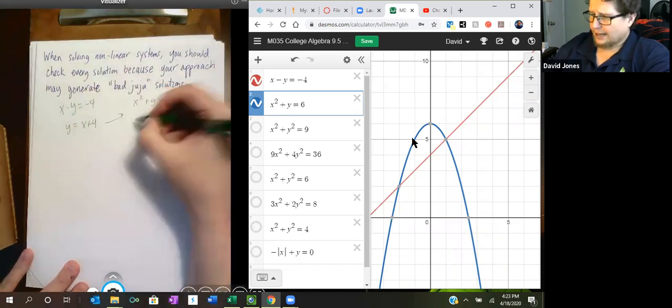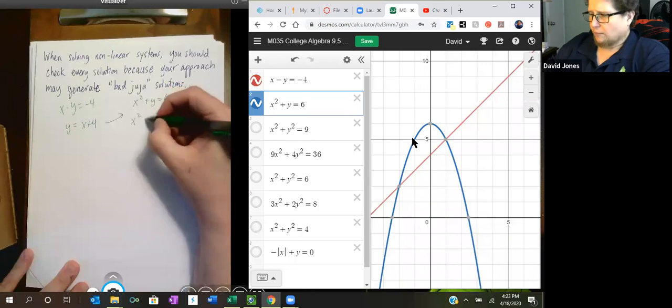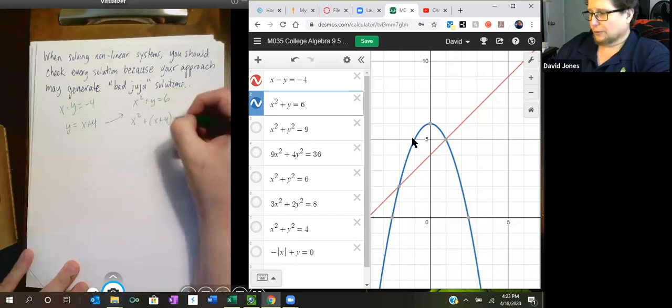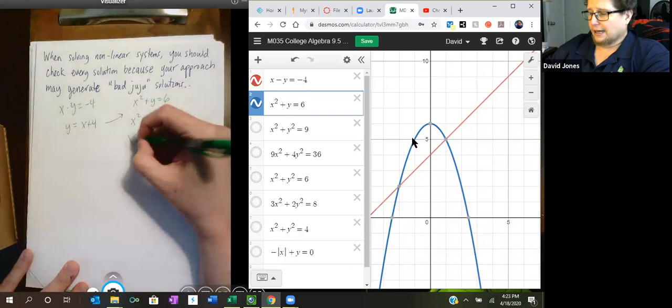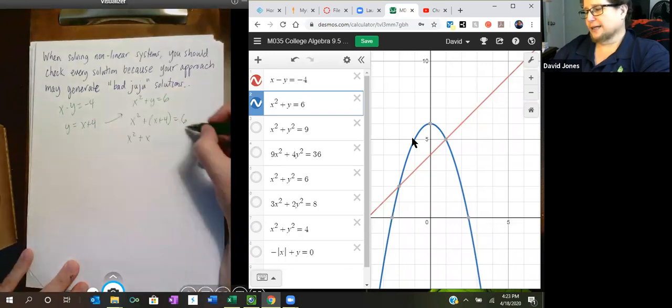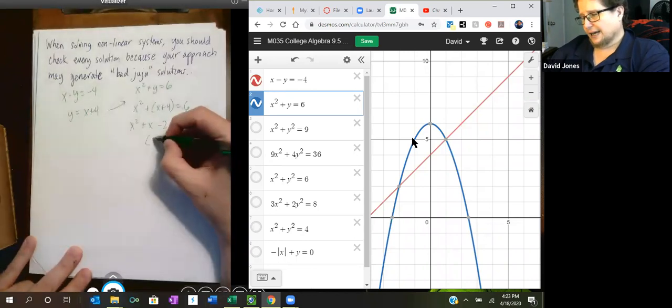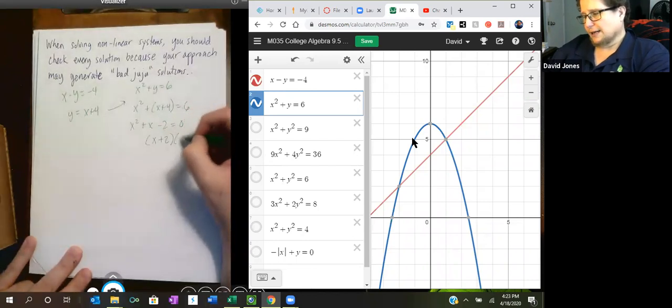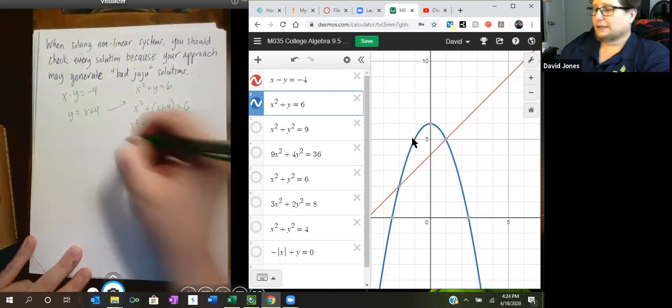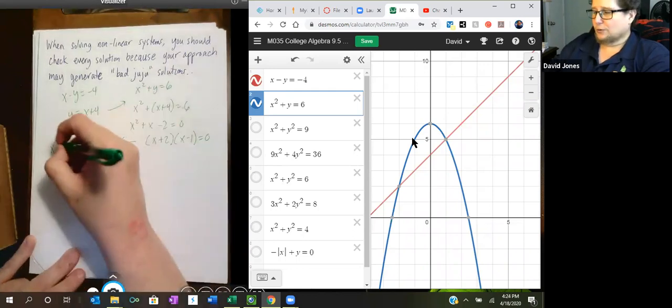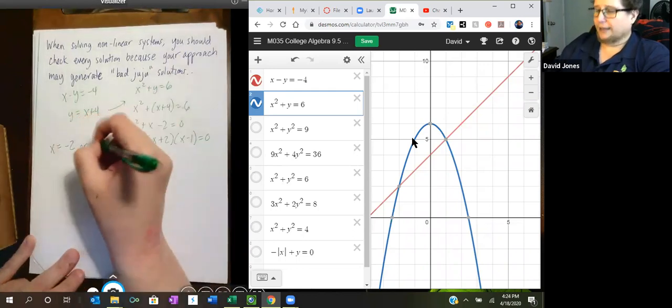And I plug it in, I get x squared plus x plus 4 equals 6. x squared plus x, I'll subtract the 6 over, I get minus 2. And x plus 2, x minus 1 equals 0, which tells us x equals negative 2 or 1.